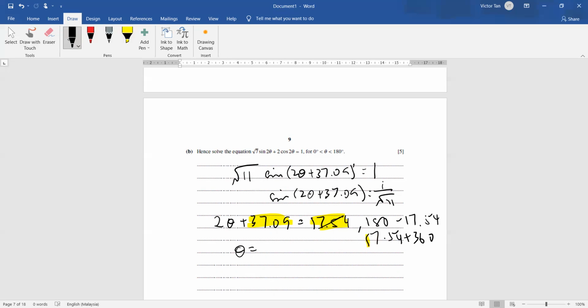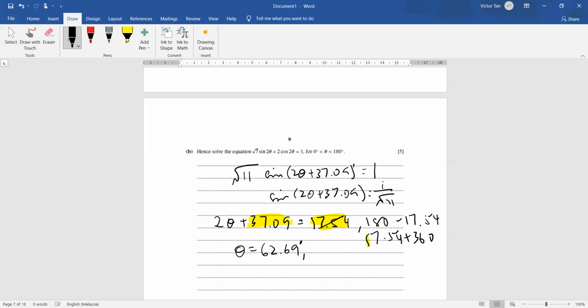So solving, you get 180 minus 17.54 minus 37.09, and you divide by 2. 62.69 is the first solution.